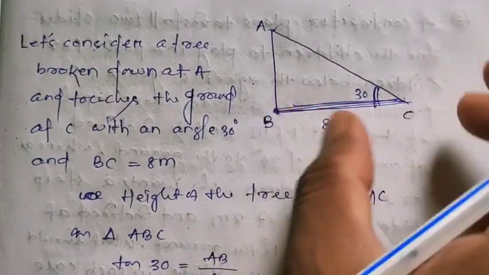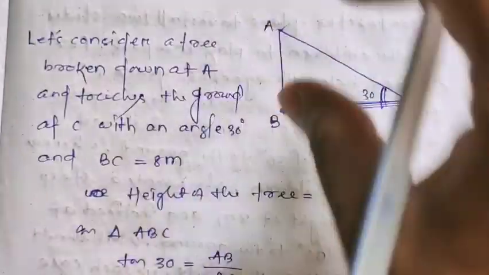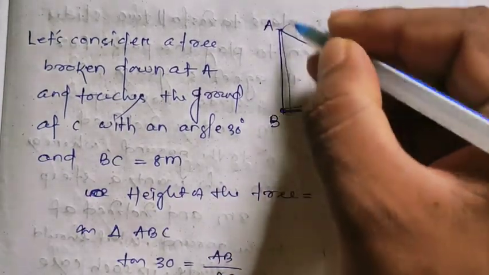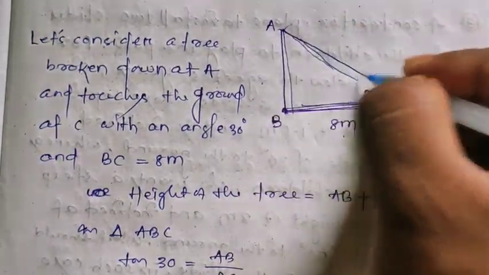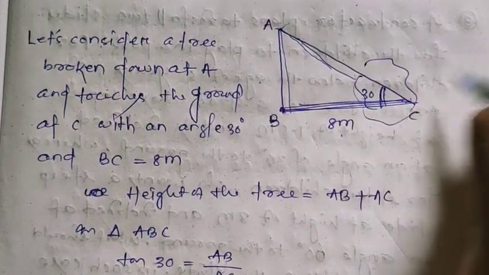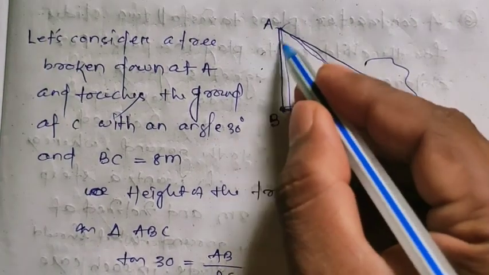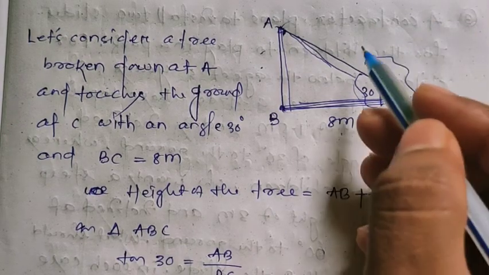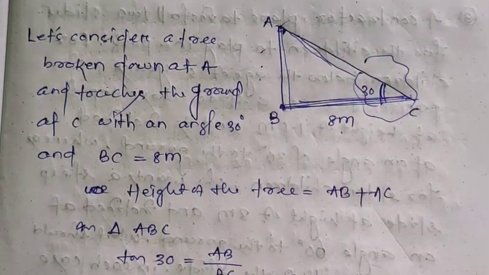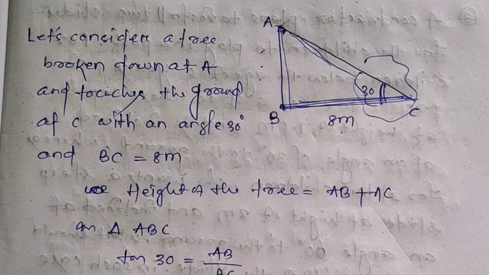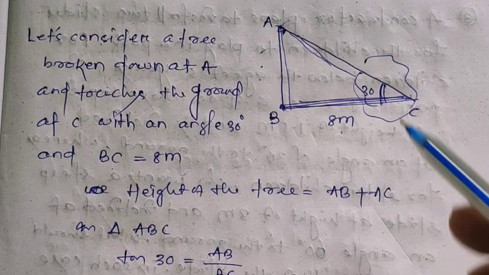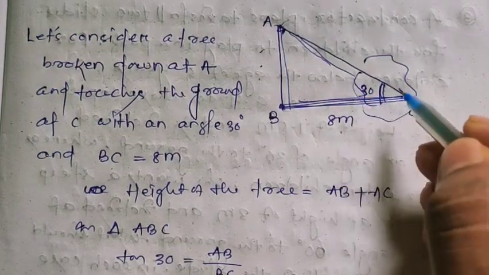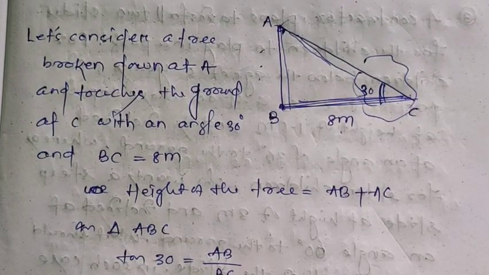The total height will be AB plus AC, so we have to find out AB plus AC. Here it is given BC is equal to 8 meter and here it is 30 degree.